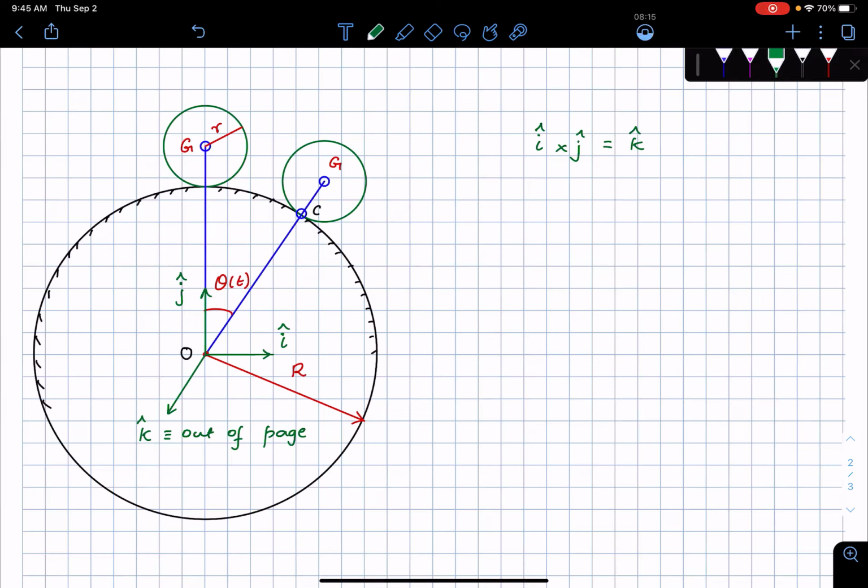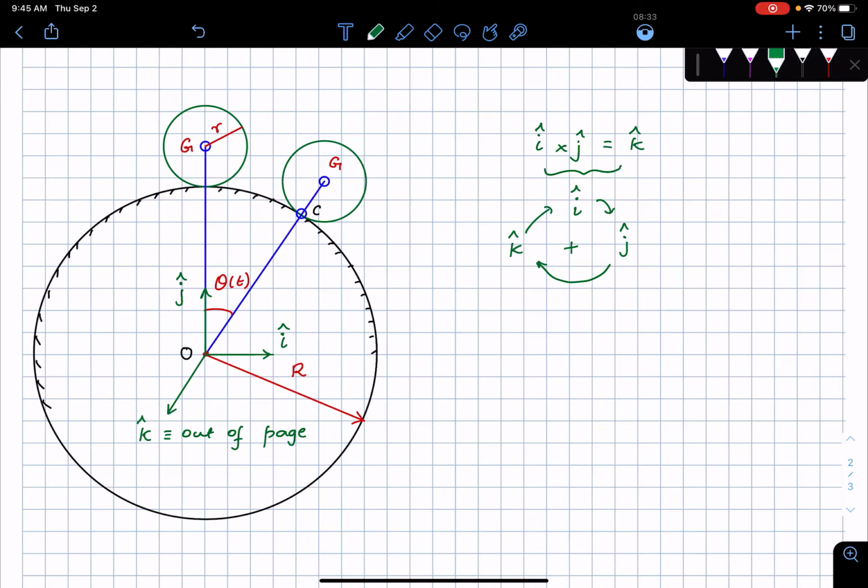This can be expressed in the form of a triad, which you may have come across in dynamics. The same information can be written as I hat, J hat, K hat, and then I draw these circular arrows here, which tell me the following.